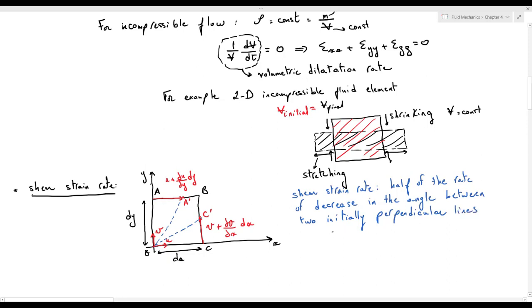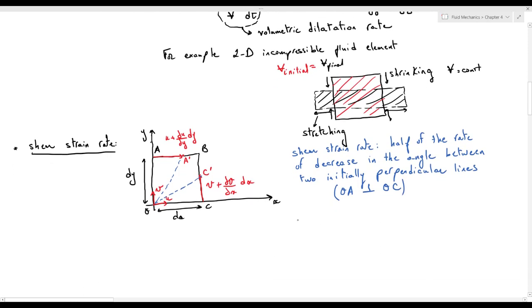So the initially perpendicular lines are here OA, which is perpendicular to OC. So half of the rate of the decrease in the angle, let's call it epsilon xy, the shear strain rate. So this angle is d alpha between OC and OC prime, and d beta is between OA and OA prime.